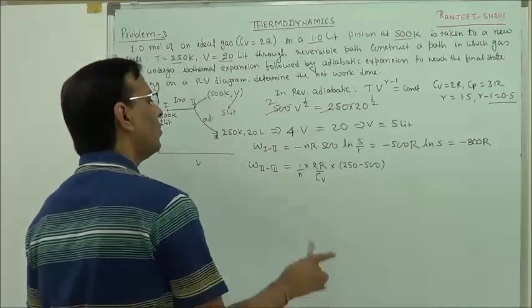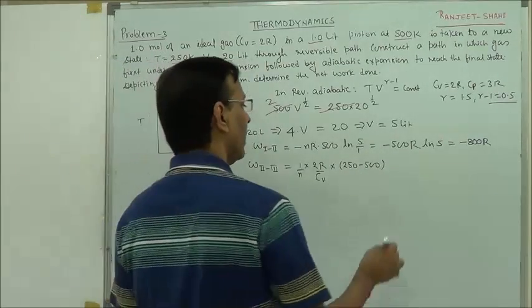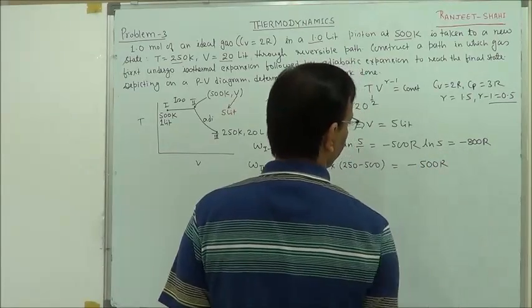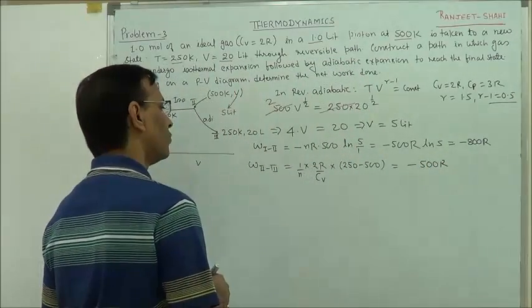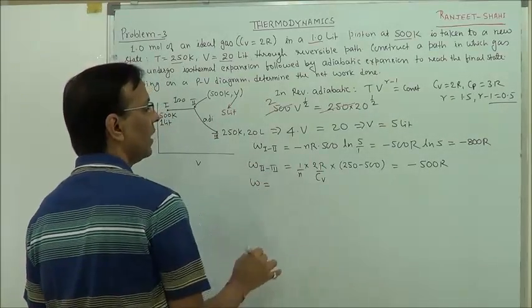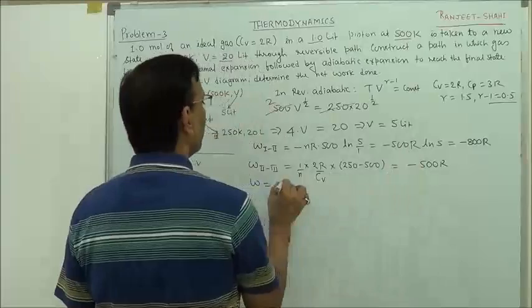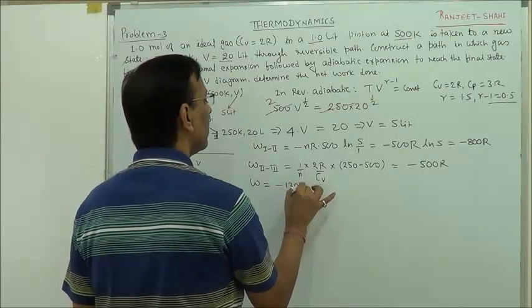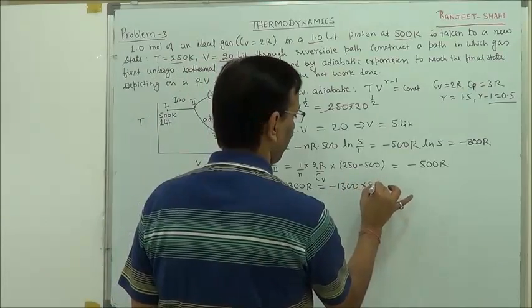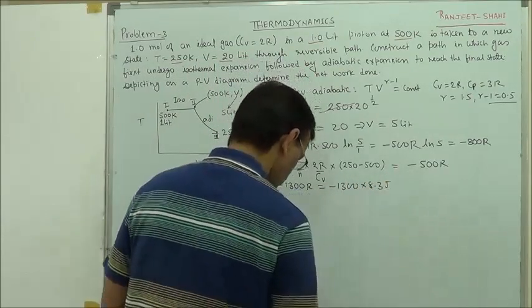So minus 250 into 2, minus 500 R. So total work done will be minus 1300 R, or minus 1300 into 8.3 joule.